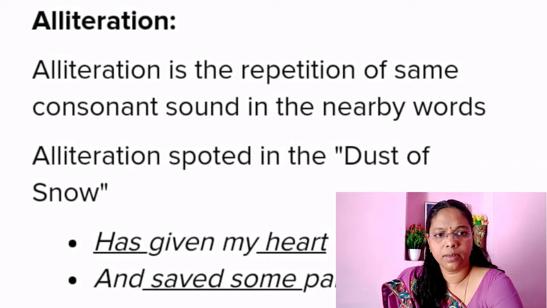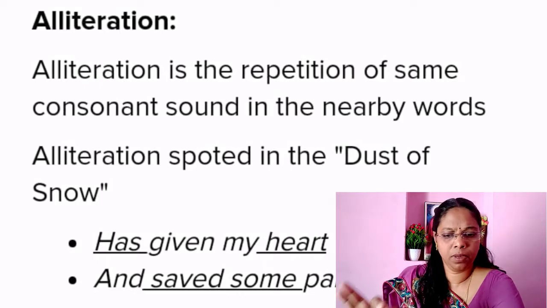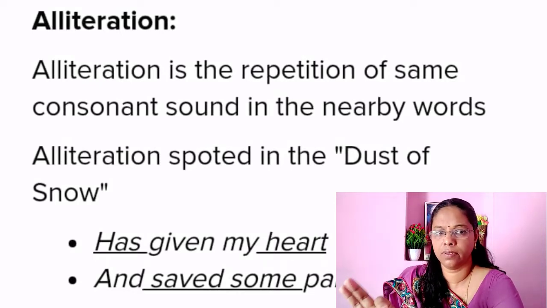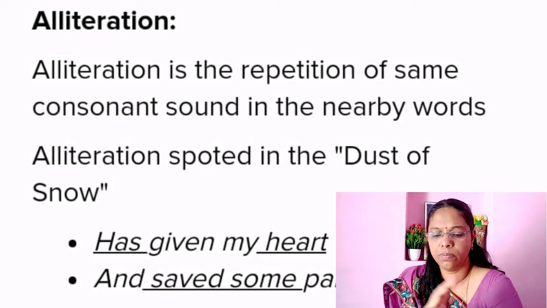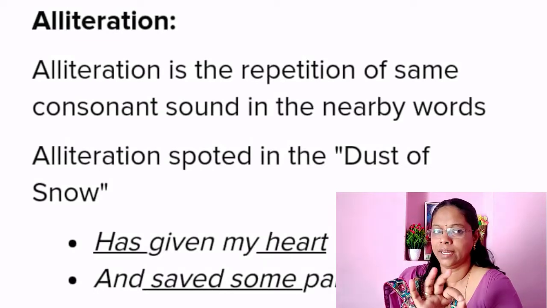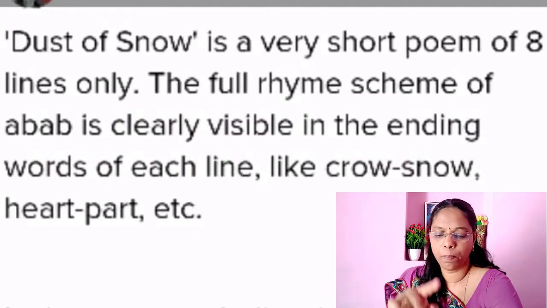We already learned this Dust of Snow is a poem of eight lines only. A, B is clearly visible in the ending words of each line, like crow, snow, and heart, part.